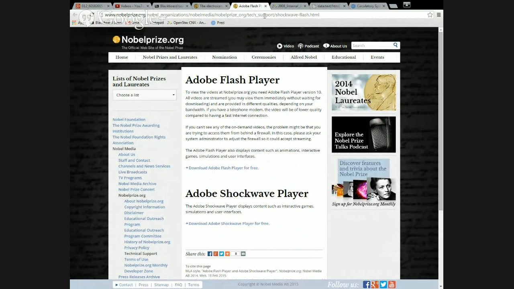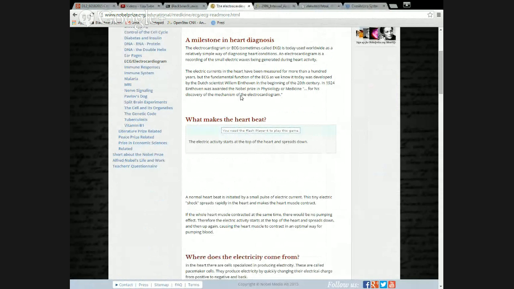They've updated things and are now using a version of Flash Player that we apparently haven't updated this computer for. Let me see if switching to Firefox will help. No. Okay. Well, Firefox doesn't help at all.